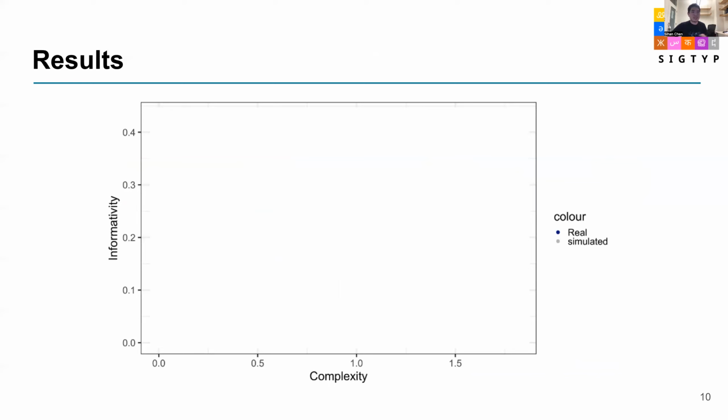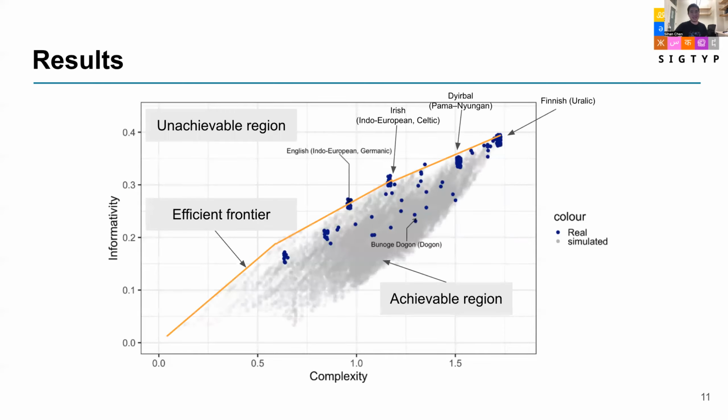So we calculated the informativity and the complexity for all the 21,146 hypothetically possible systems and plotted them on this information plane. The horizontal axis is the complexity, whereas the vertical axis is the informativity. And here goes the result. The blue dots represent the attested spatial deictic demonstrative systems, which are jittered to avoid overlap.